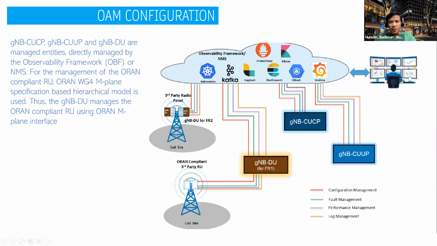So we can see that the gNodeB CU control plane and user plane and gNodeB DU are managed entities which are directly managed by OBF. OBF is the observability framework, or in our legacy network, it's called NMS.